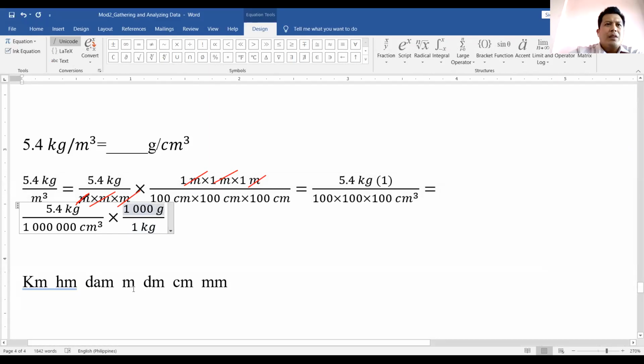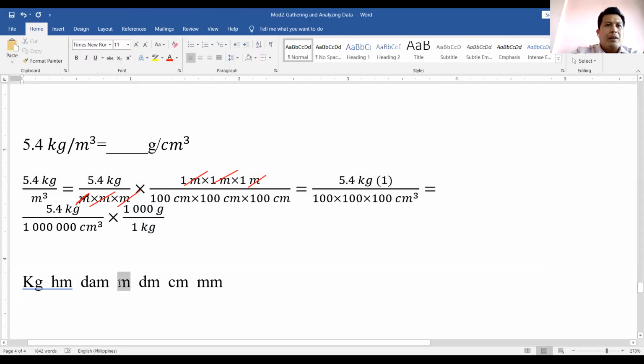If you look at the solution here, class, we will change it to grams. So we have here kilograms to grams, 1, 2, 3. 3 steps in going to grams. So that's why the 1 kilogram, move the decimal point 3 times to the right, you'll get 1,000 grams. As a result, we can now eliminate the unit, which is kilograms. So the final unit now in the solution ends up with grams per cm cube, right?